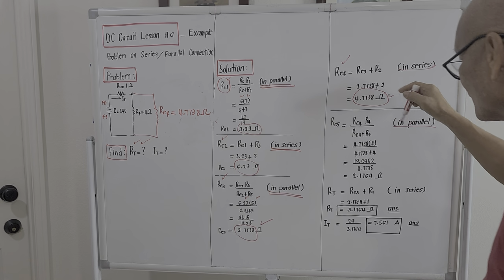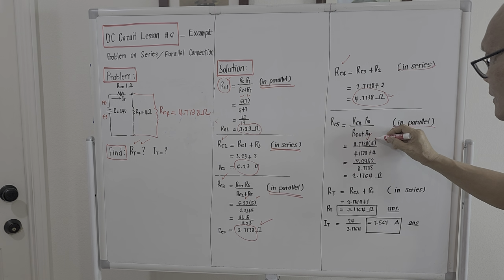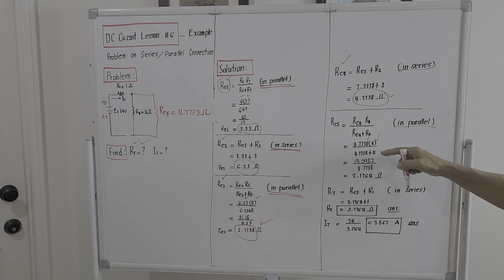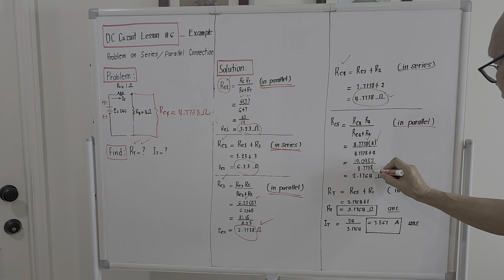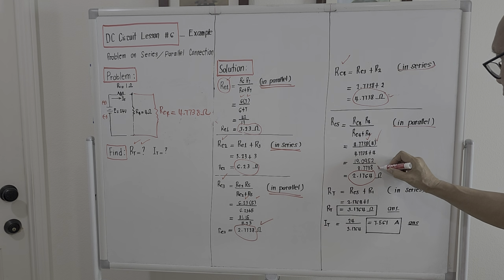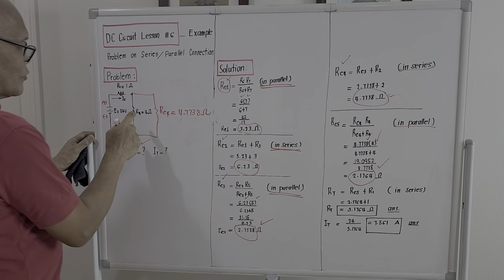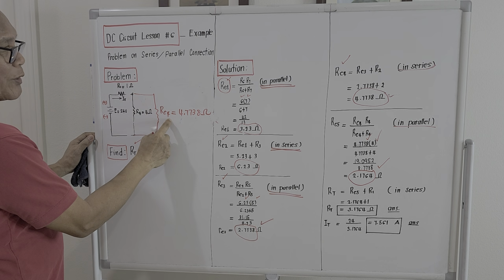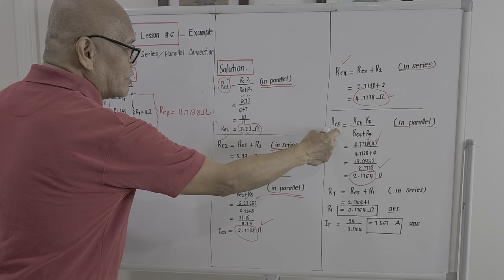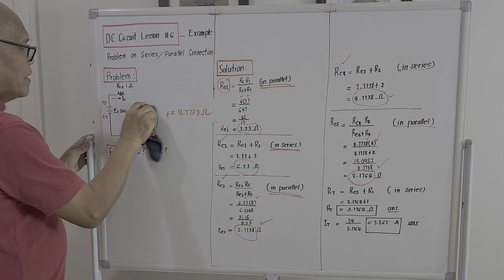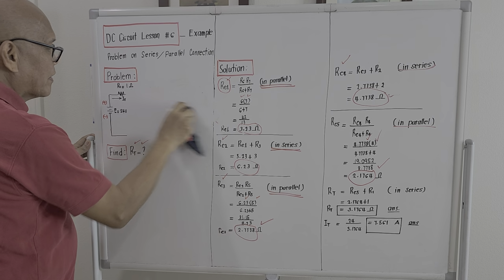We will be using the product all over the sum. So we are given RE sub 4, 4.7738 times 4, they are in parallel, all over 4.7738 plus 4. This is 19.052 over 8.7738. The single equivalent is 2.1764 ohms. So actually, the single equivalent of R sub 4 and RE sub 4, which is represented by RE sub 5, we can erase this one now, right?